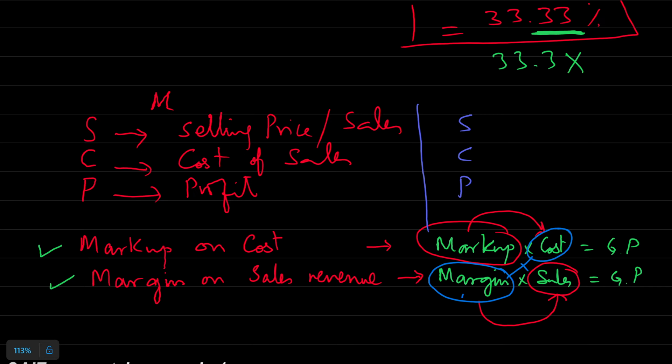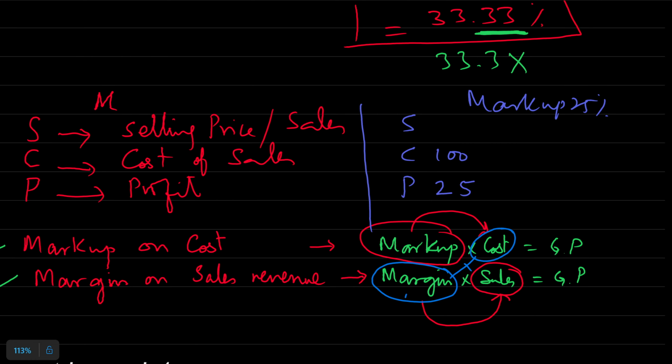So students, if you are given markup is 25%, so markup 25%, you have to write 25 as profit, and because markup is applied on cost, so cost will be 100. So markup 25% means if the cost is 100, markup will be 25.